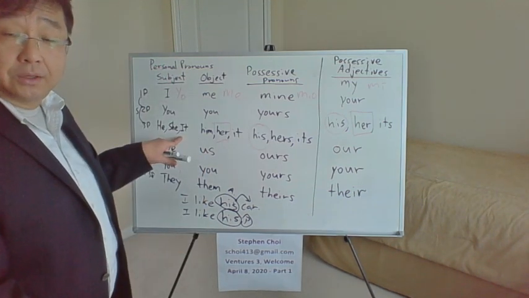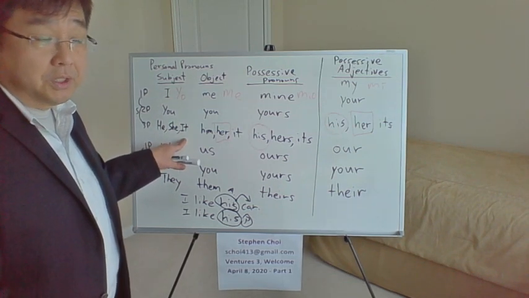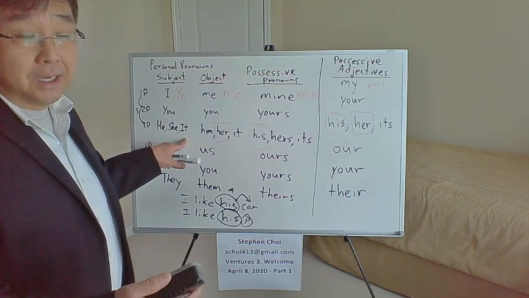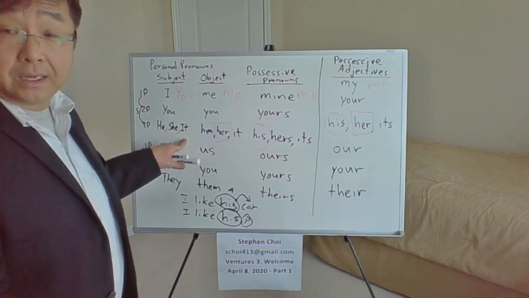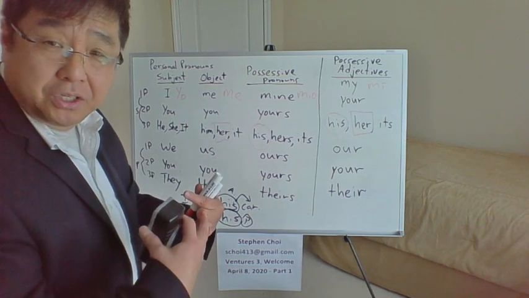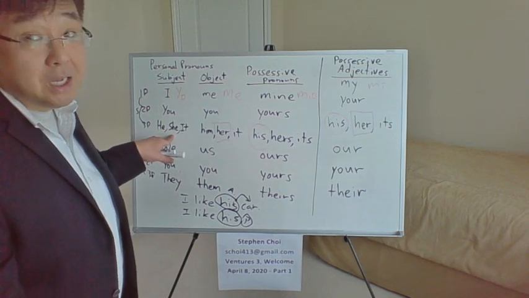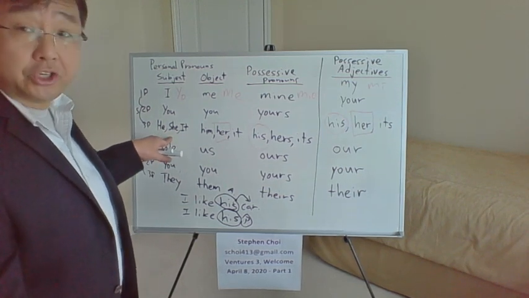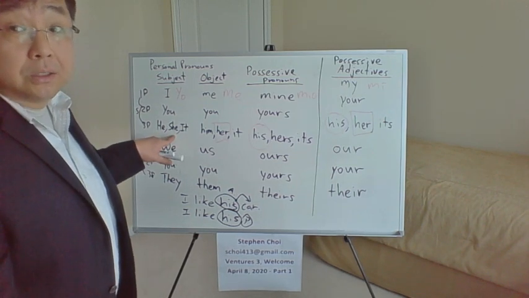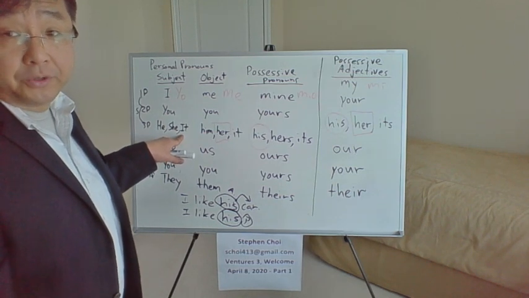We also can use it for animals. People can talk about it as in, I love it, like, I love my dog, I love it. But nowadays, people are very attached to their pets, so they would say I love her or I love him. That's fine. You can use he or she for animals, especially for your pets. But he and she are really mostly for humans, and it is for animals and things.